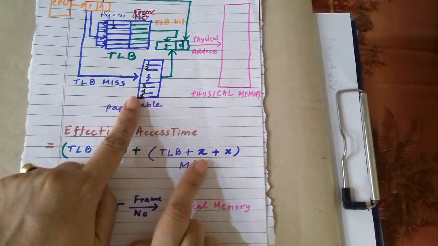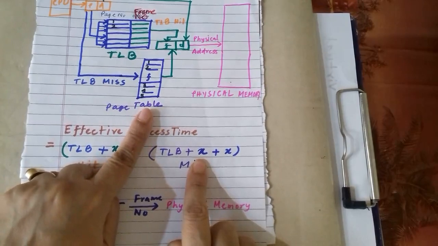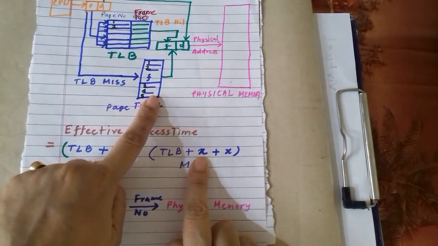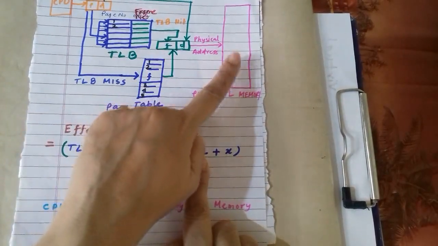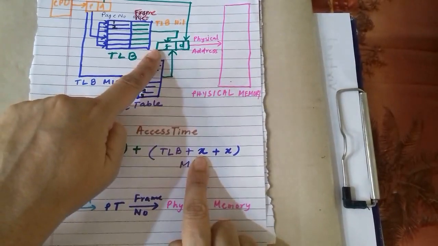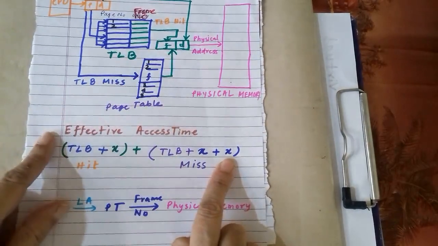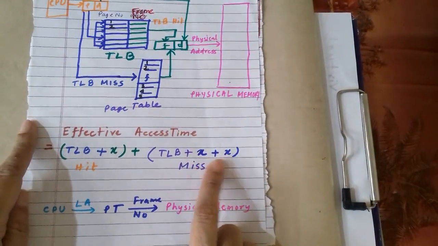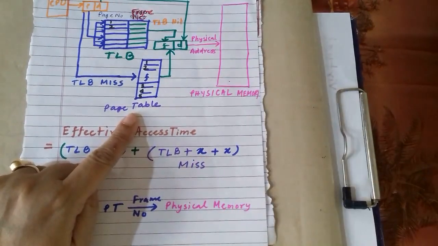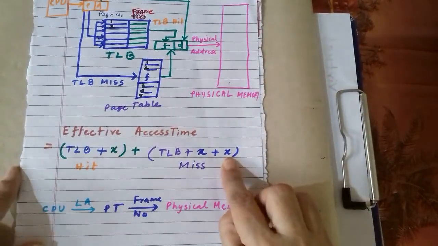The page table is also present in memory, so page table access time is nothing but memory access time, which is also X. Then the frame number should be found, and the frame is present in memory only, so accessing the particular page from the frame will take memory access time X. So it is TLB searching time plus X plus X. This first X is the page table search, and this second X is the page search in memory.